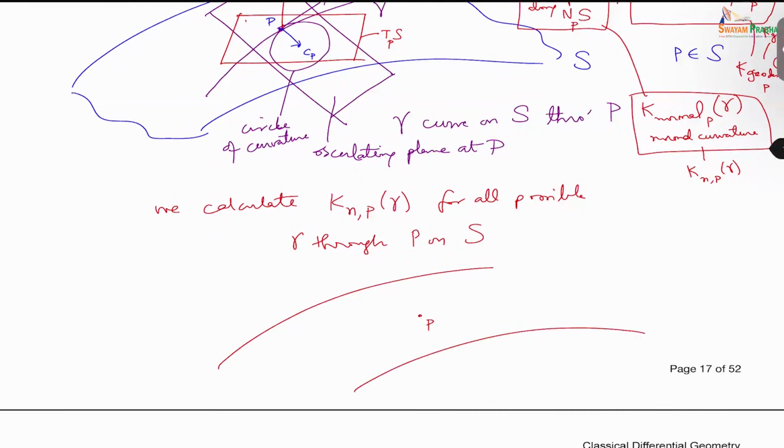I have this point P, and then I draw a curve like this, gamma 1, then another curve gamma 2, and another curve gamma 3. Each of these curves gives me a normal curvature. Corresponding to gamma 1, I get K normal of gamma 1 at P, and similarly for gamma 2 and gamma 3.